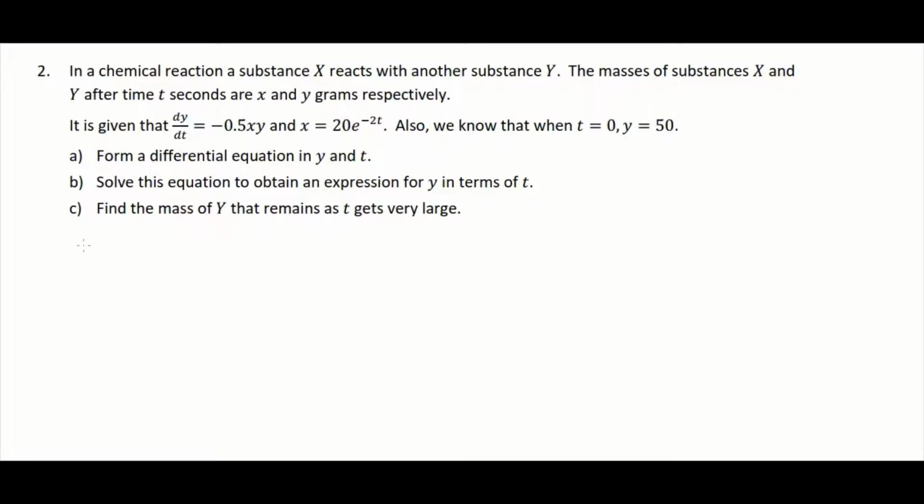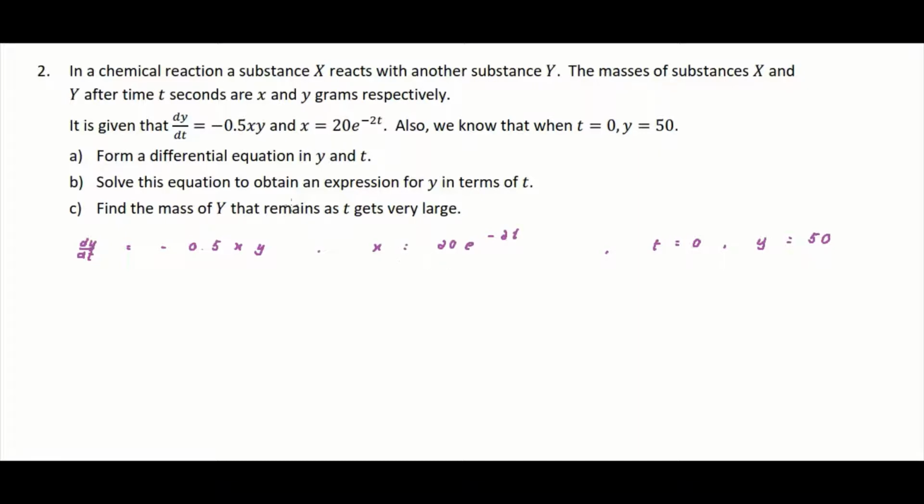It's given that dy/dt equals negative 0.5xy, and x equals 20e^(-2t). We also know that when t equals 0, y equals 50. Now the question wants us to form a differential equation in y and t.